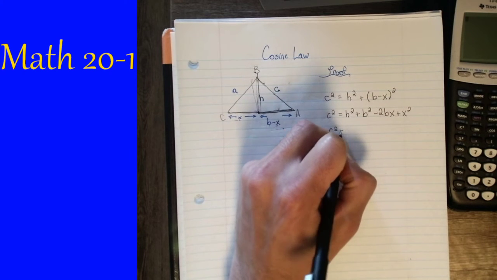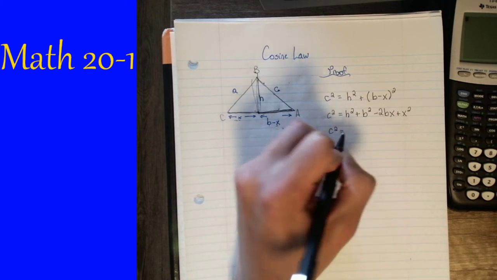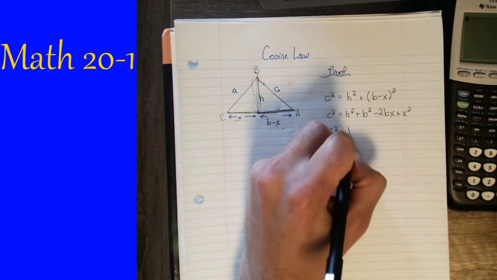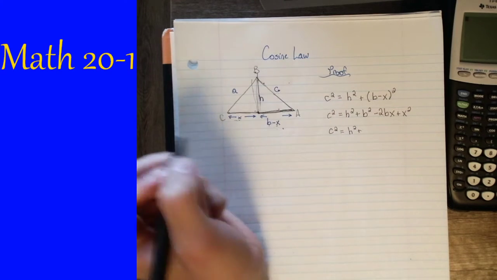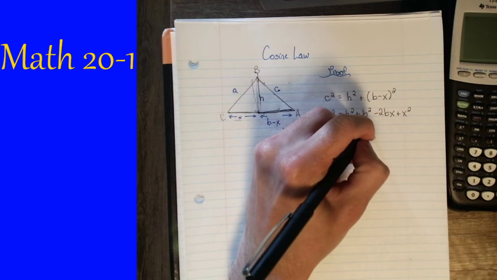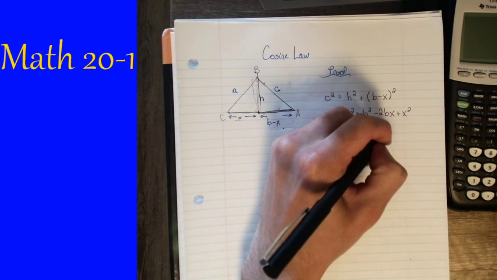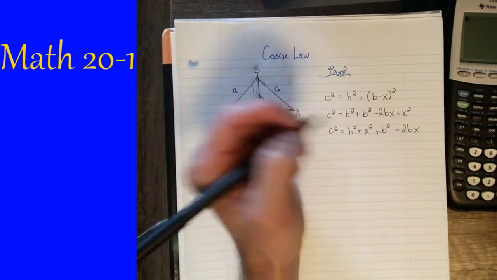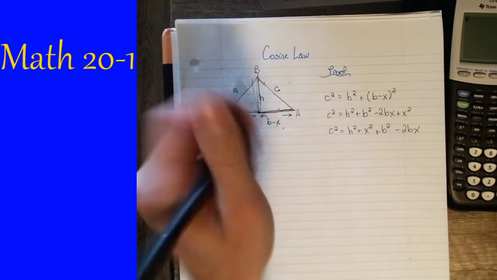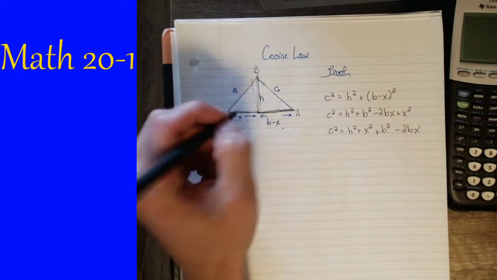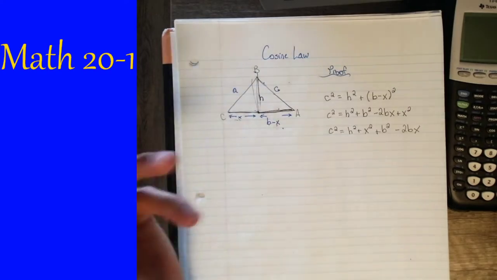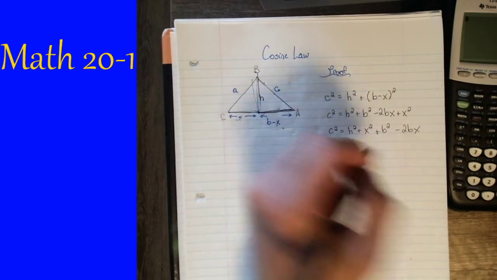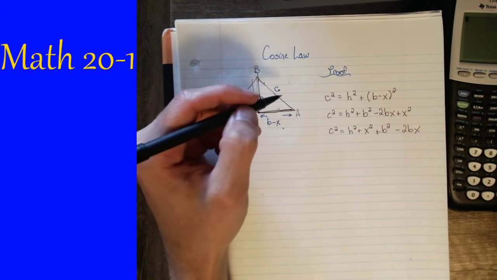So c squared is equal to h squared plus x squared plus b squared minus 2bx. I'm just going to forget about that minus 2bx for now. I don't know that length off by heart. I wouldn't know it given a particular example, but it turns out I don't actually need to know it.